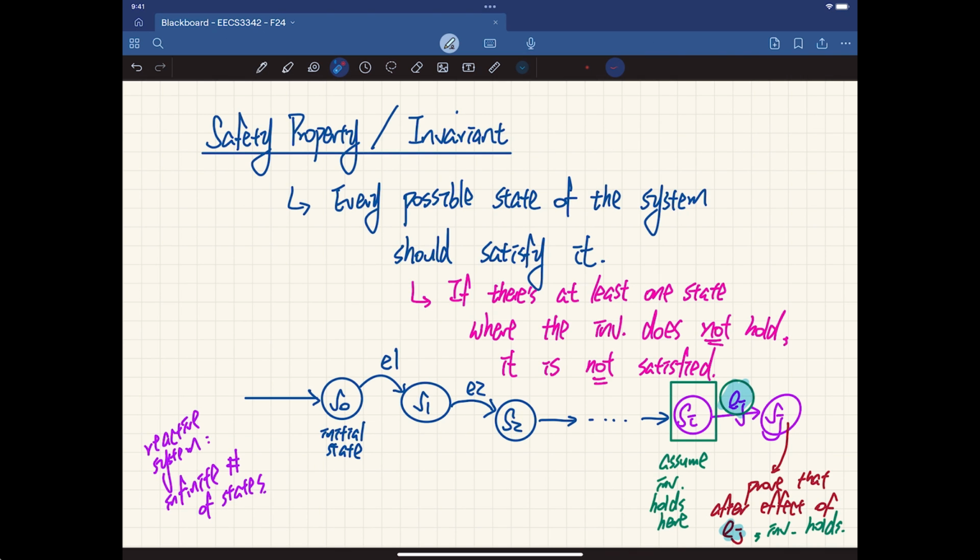We consider all possible states to start with, assuming that the invariance already holds. Given all the possible events that might be enabled in these states, after applying the transition, the resulting state always holds the invariance. That's something we'll try to do. I'll make this more example-based once we get to the bridge controller, but for now it's also important to understand it in a more abstract sense.